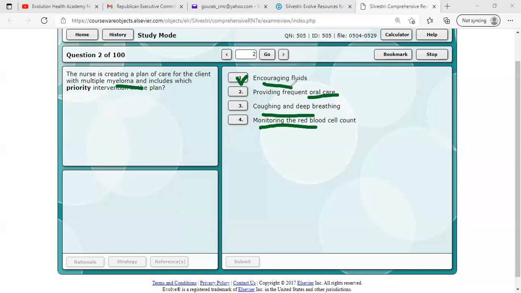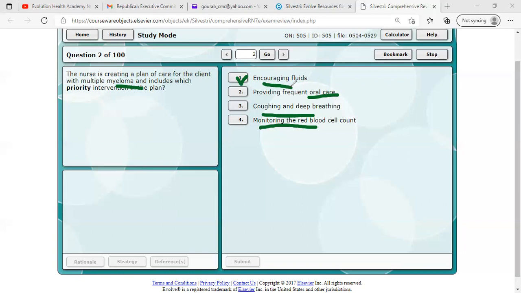Second point, a common symptom associated with multiple myeloma is hypercalcemia. If the calcium level goes up and calcium is not eliminated from the body, calcium precipitates and causes stone formation.